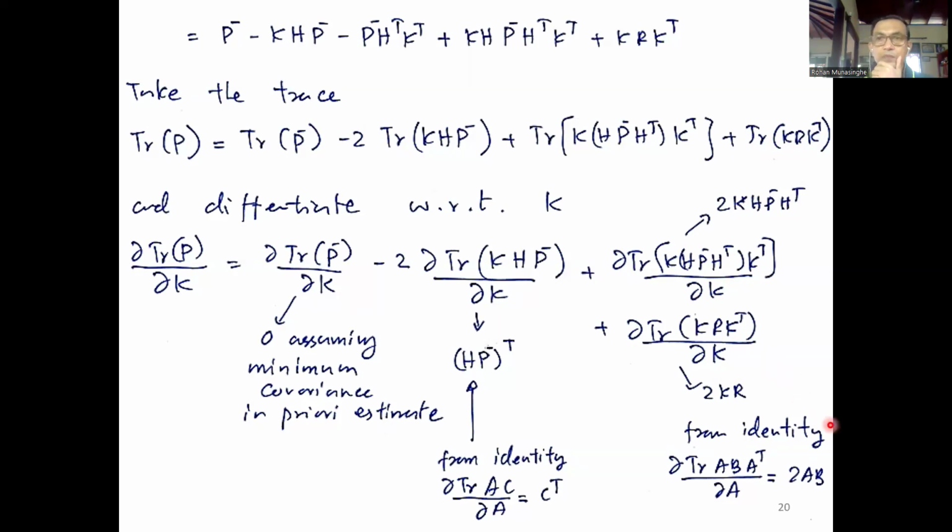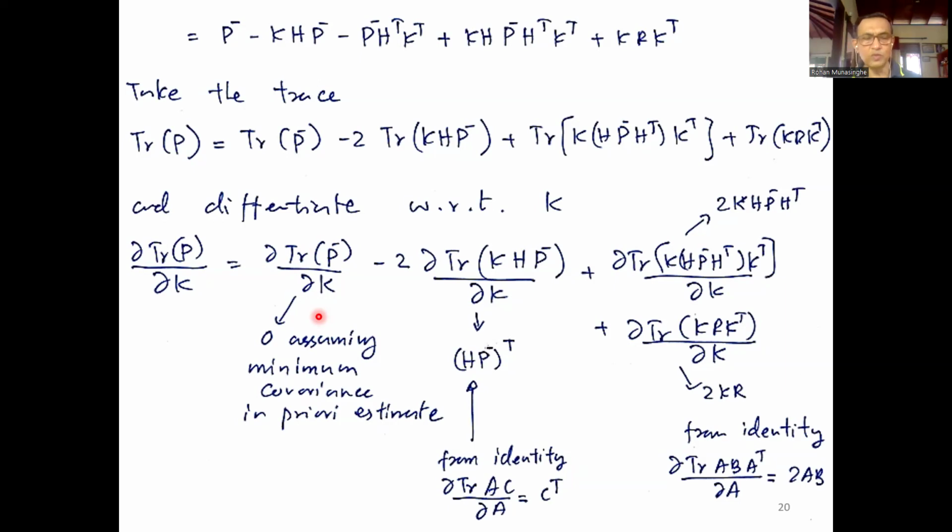Now, if you look at the first term on the right-hand side, the value is 0, assuming minimum covariance in the prior estimate. If we assume we had the minimum covariance in the previous step, now we are going to the next step, like mathematical induction. If you want to prove something, you can assume that it was true in the previous step, and use that to verify that it is true for this step as well.